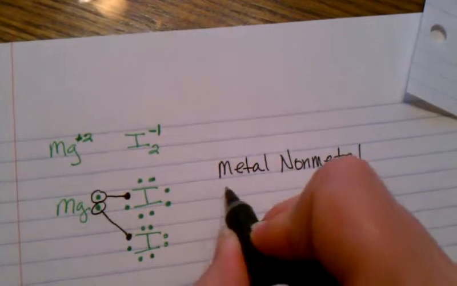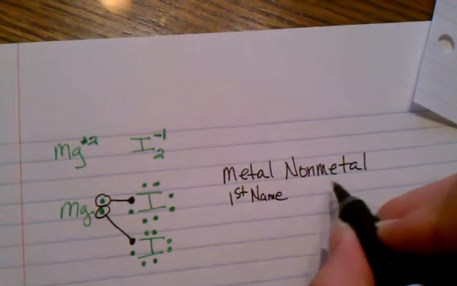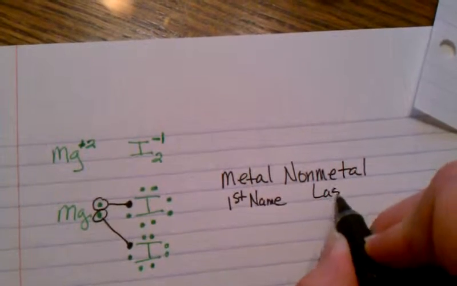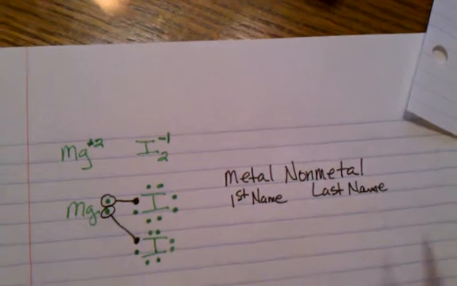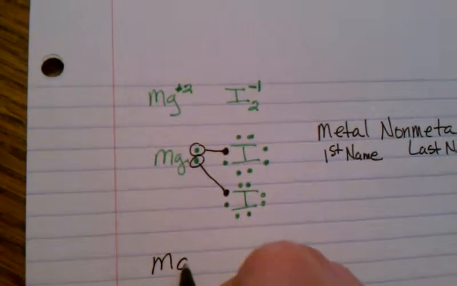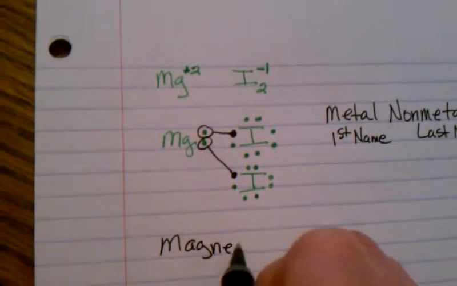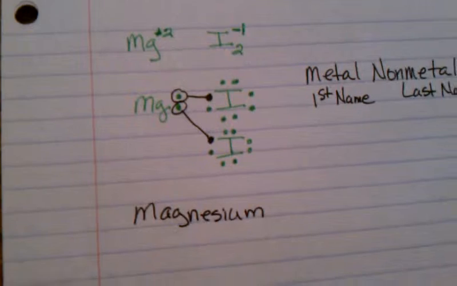The metal is the first name, like Lindsay. The non-metal is the last name, like Stevenson. So when I'm trying to name this, I call this magnesium, but I don't call it iodine.